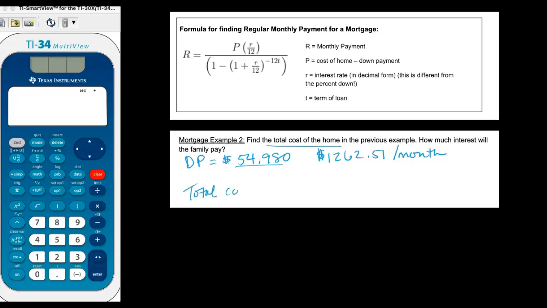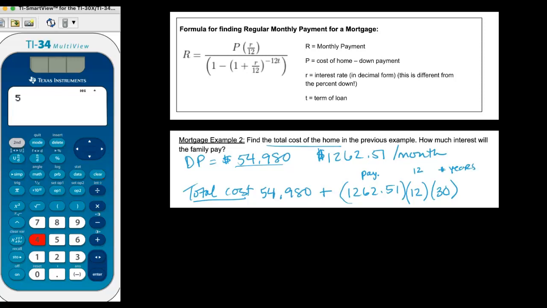So total cost, we're going to take that down payment, $54,980, and then we're going to add that monthly payment. We're going to figure out how many times the family makes that monthly payment. So they're going to make that monthly payment 12 months a year for 30 years. So it's always going to be the payment times 12 times number of years. Okay, and so we're going to factor that on.